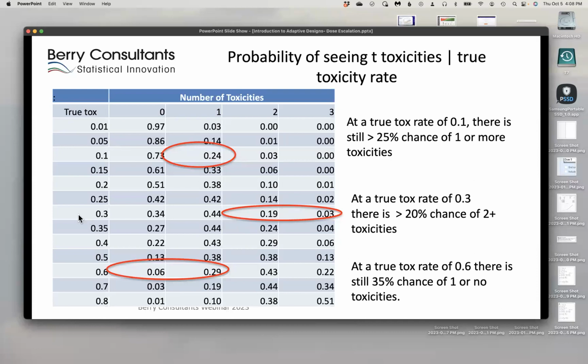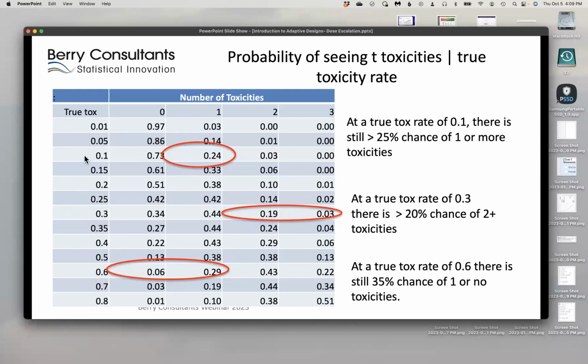If the true toxicity is one of our target toxicities, say 0.3 or 0.25, then we've got over a 20% chance, if the rate is 0.3, that we'll see 2 or more toxicities. So something that would typically cause us to de-escalate.